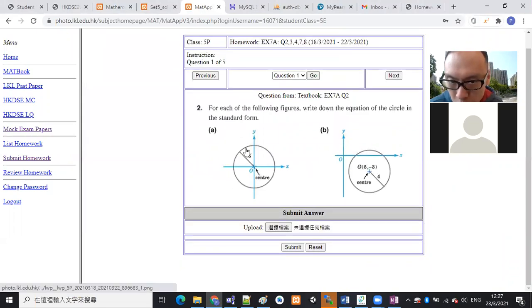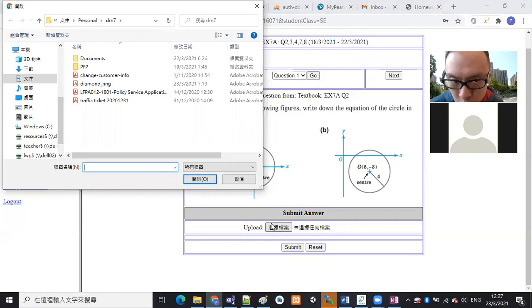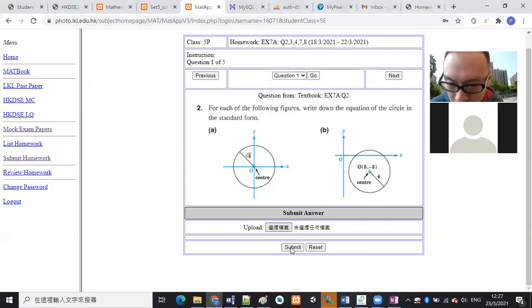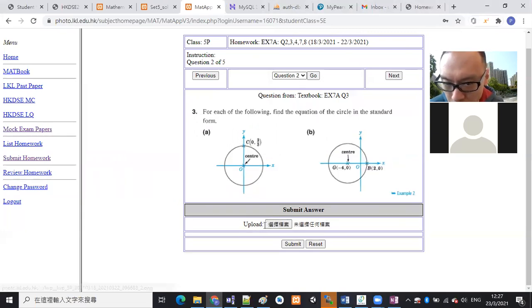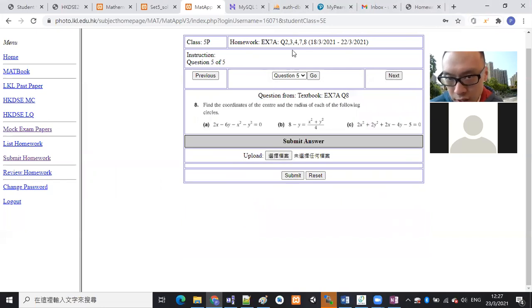Then you submit the homework question by question. You need to upload a picture showing your homework, and then you click submit. After submitting the first one, you click next, and you get the second question, then upload, submit, and next, and so on until the last one. In this case, that will be question number 5. Can you get this? Yes.